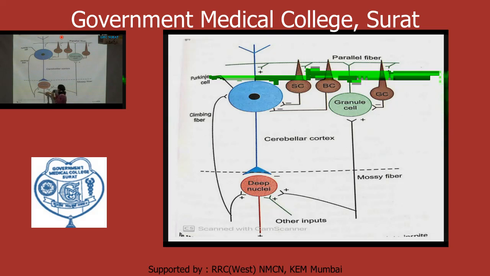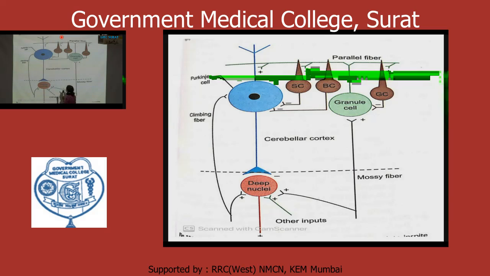So the deep nuclei receive three types of inputs: one directly from the climbing fibers, which is excitatory in nature, the mossy fibers, which are again excitatory, and the input from the Purkinje cells, which is inhibitory in nature.